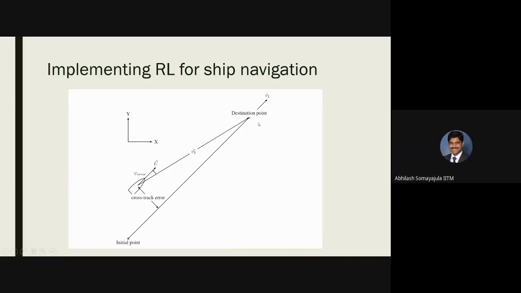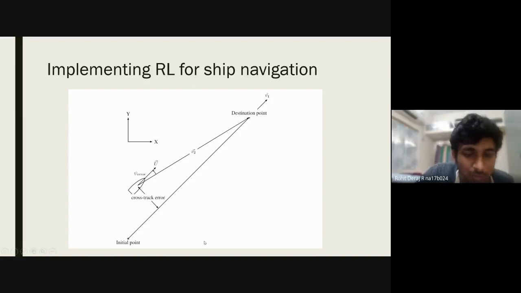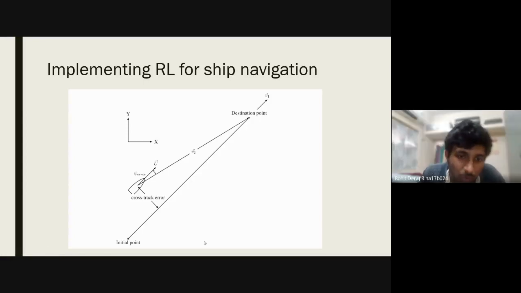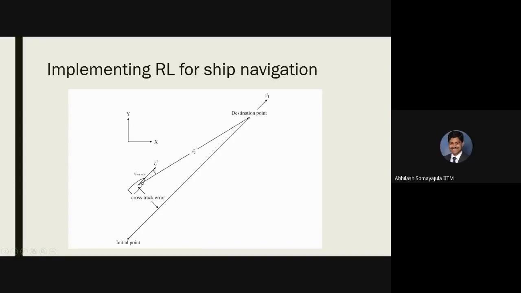Rohit, can you come back to course angle error one more time for my benefit? Yes, sir. Tell me what was course angle error here? So course angle error is the angle between the ship's current heading and this vector, vector 2.